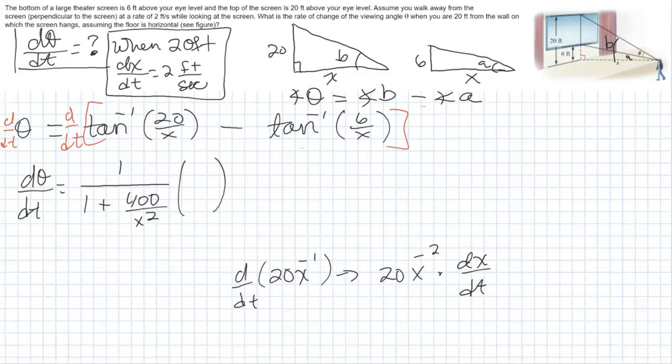This can be written as negative 20 over x squared times dx dt.